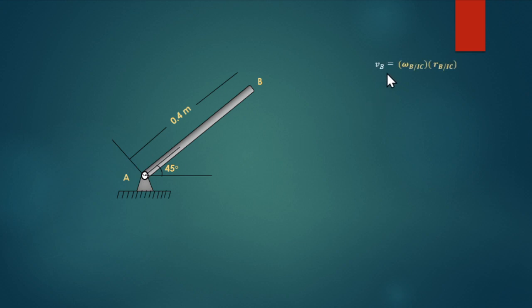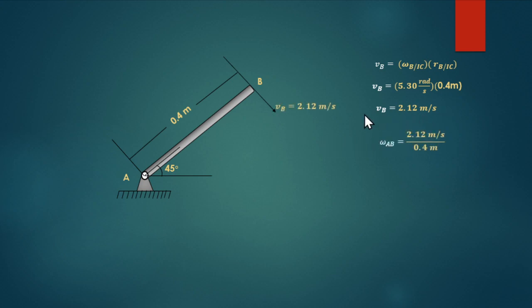So now consider link AB, we have 0.4 meter. The velocity B is omega B over IC times RB over IC. So velocity B is equal to 5.30 times 0.4 meter, so the velocity at point B is equal to 2.12 meters per second.